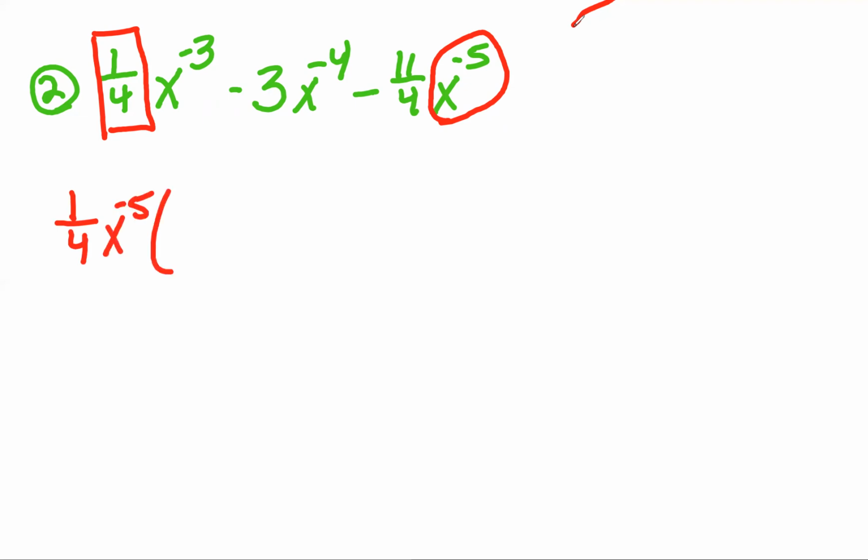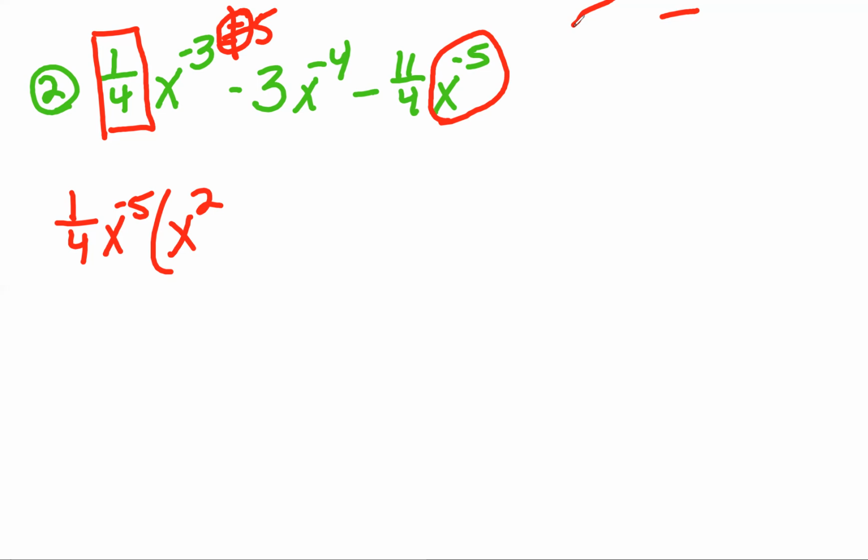So 1/4 divided by 1/4 is going to give me 1. If I subtract out this exponent, that gives me -3 minus -5, which is going to be a plus, so that will make it x squared.